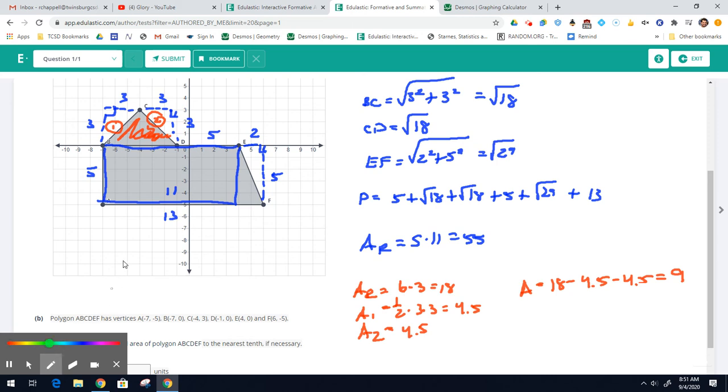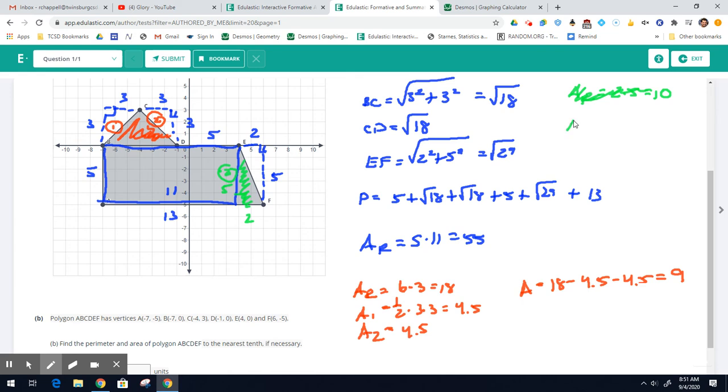So far I have a 55 and I have a 9. Okay, and now let's use green, my favorite color, for this triangle here. Again, I want to find this triangle. Okay, so this green might not show up so well. Sorry. So the area of the rectangle is 2 by 5, which is 10. Now, hold on just a second. Instead of doing this, isn't this triangle just the right triangle? So let's just find the area of the right triangle, right? It's a 2 and a 5.